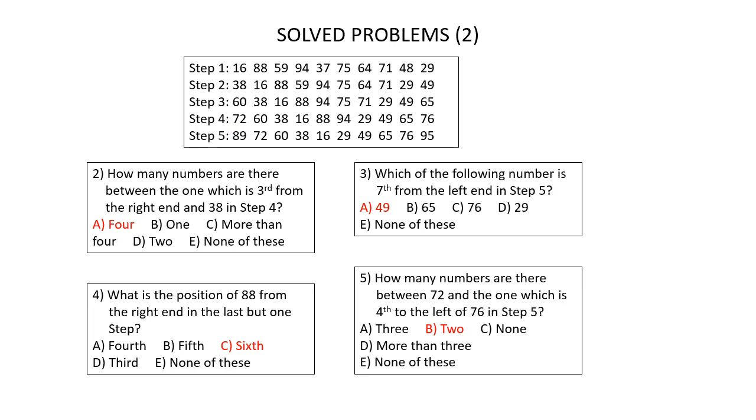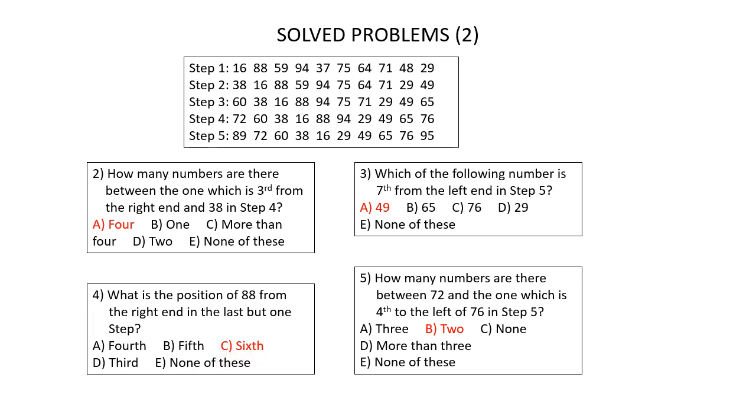So in step 4 you have 88 at this position. So from the right end you can see that 88 is at 1, 2, 3, 4, 5, 6th position. So 88 is at the sixth position from the right end in the last but one step. So the correct answer is option C, sixth.